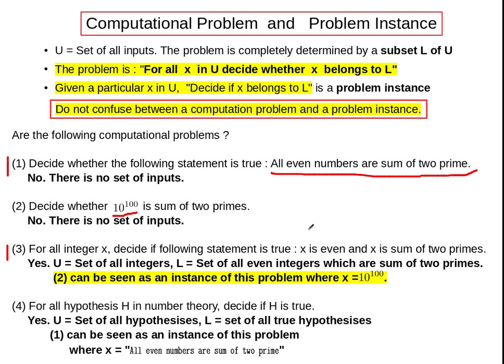Now again, this statement depends on a particular x. For a particular x, this will be a problem instance, and the instances are coming from the set of all integers. So our universe of input is the set of all integers, and the L, the set that determines the problem, is the set of all even integers which are sum of 2 primes, because the odd numbers are not in this set.